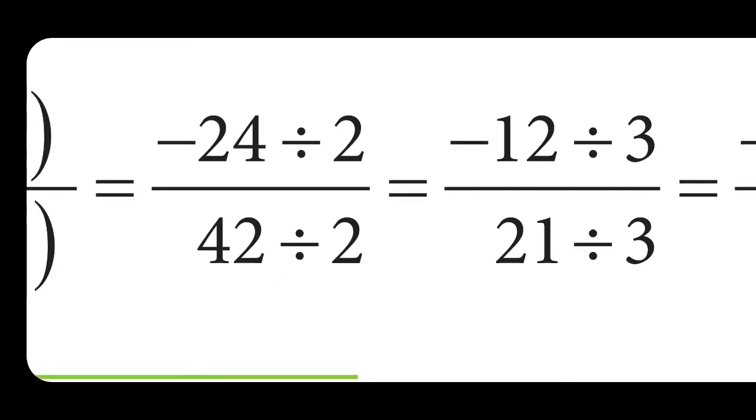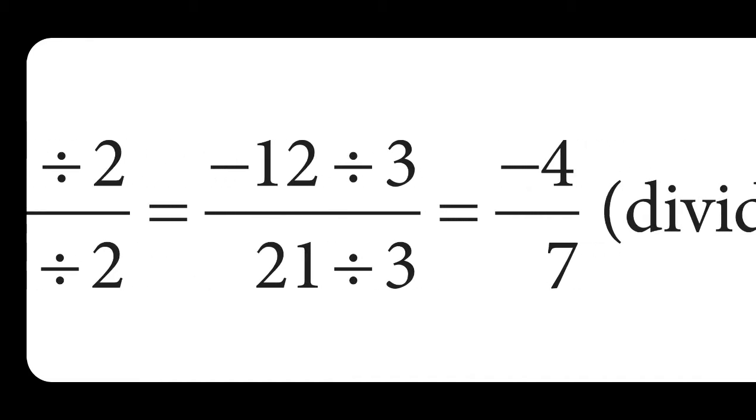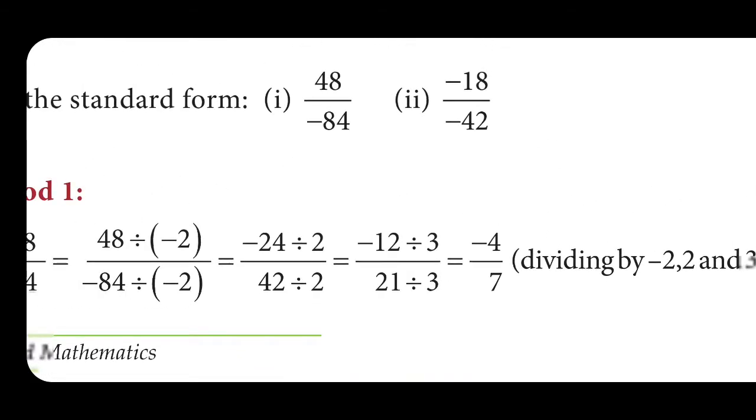Next, 12 and 21 have a common factor 3. So we divide numerator and denominator by 3. We keep minus as it is. 12 by 3 is 4, and 21 by 3 is 7. Therefore the standard form of 48 by minus 84 is minus 4 by 7.